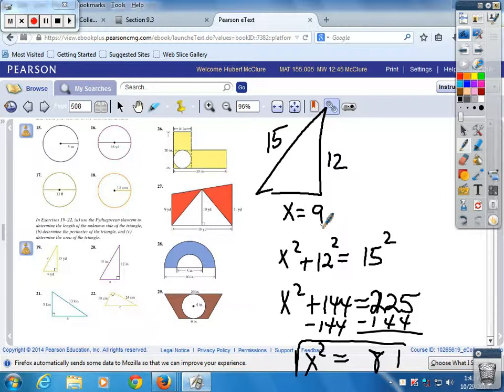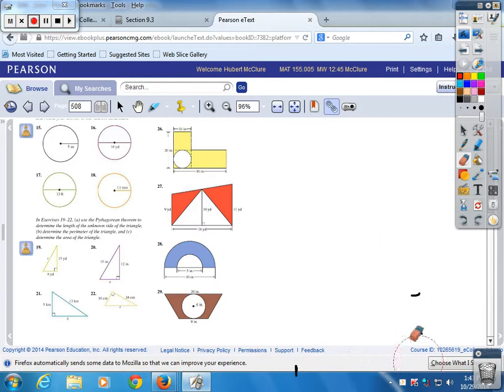All right, let's go ahead and do this one. Number 21. It says I've got a triangle on the side, and it looks like 5 and 13. So we have 5 here, 13 here, and X here.